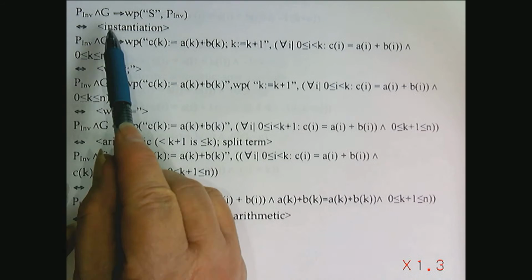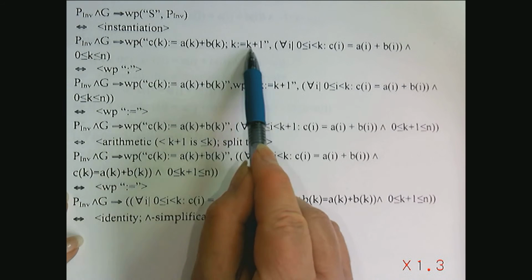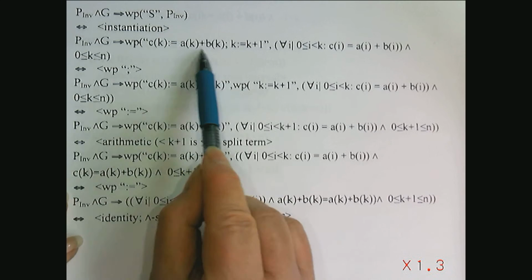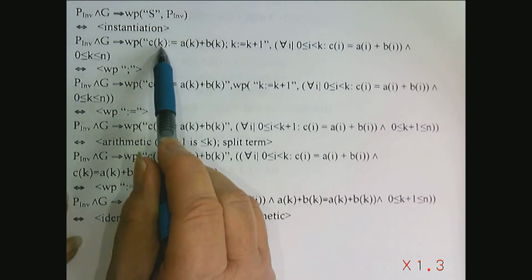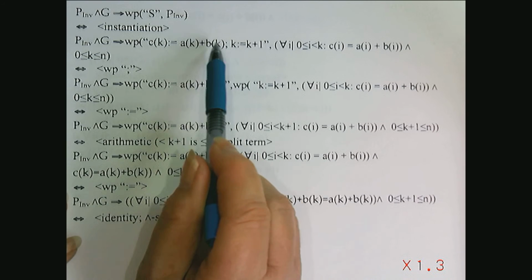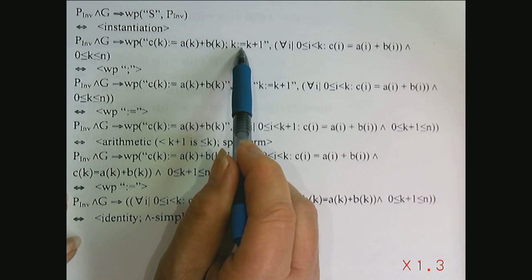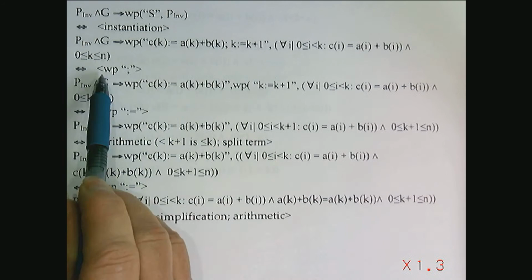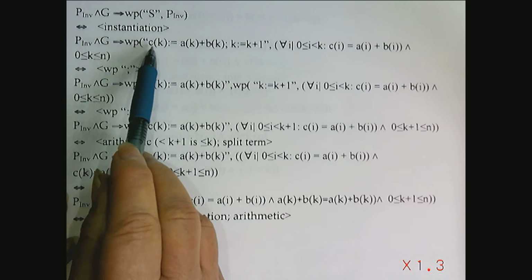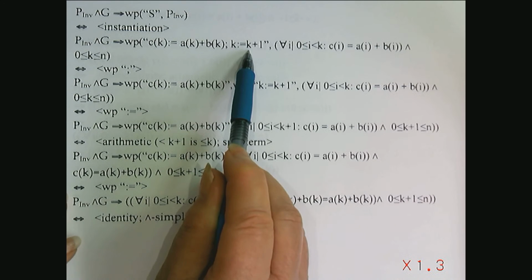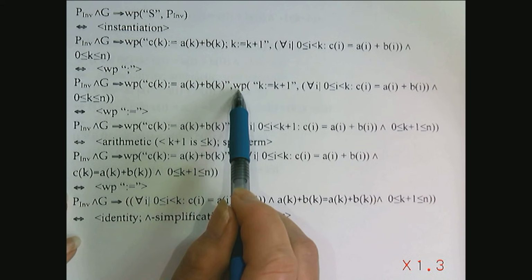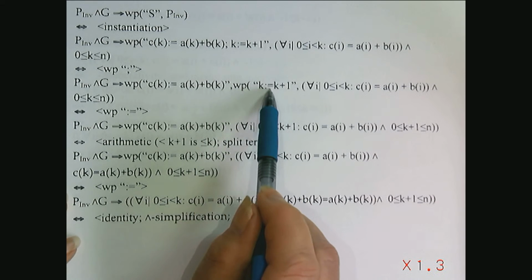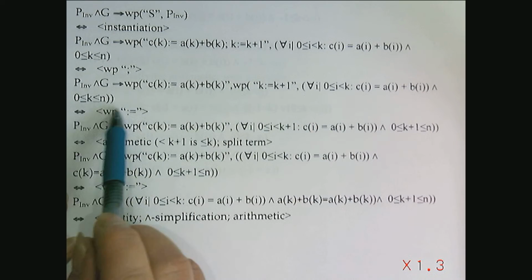Well, first, let's instantiate the command inside of the loop in the invariant, and notice that the command inside of the loop is actually the sequential composition of two commands. If we want to find the weakest precondition of that sequential composition, we know the postcondition for the first command is the weakest precondition of the second command with respect to the invariant.